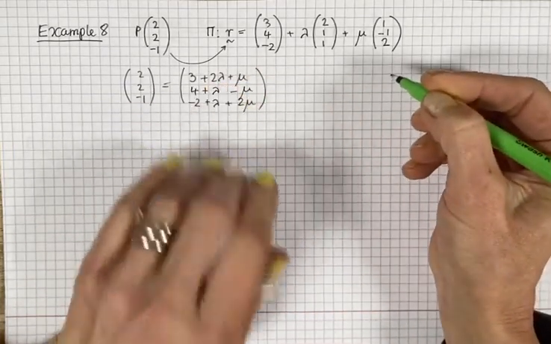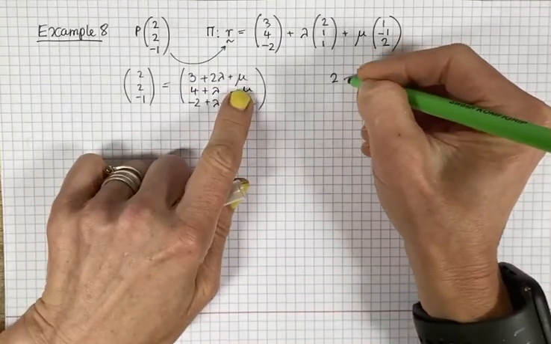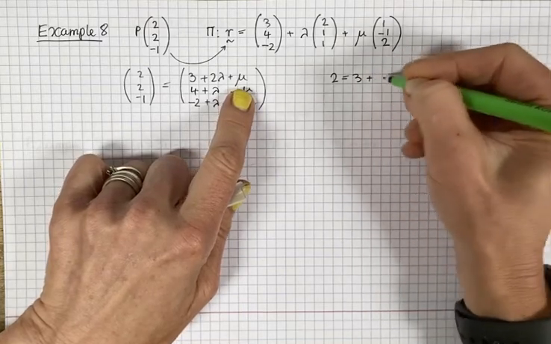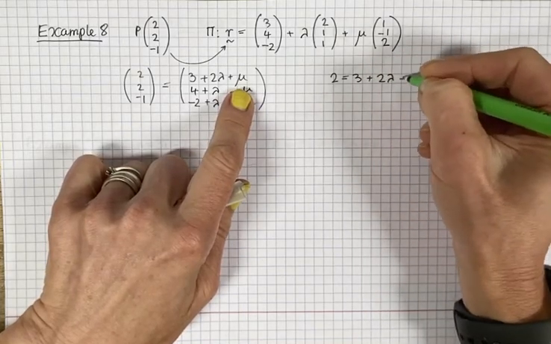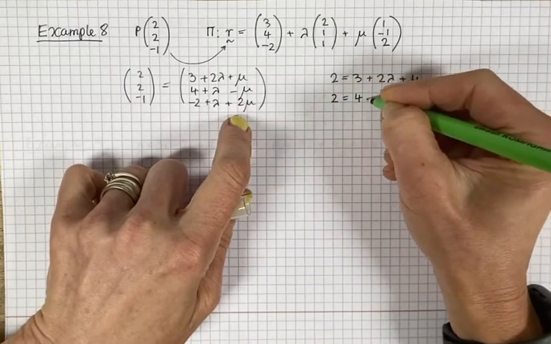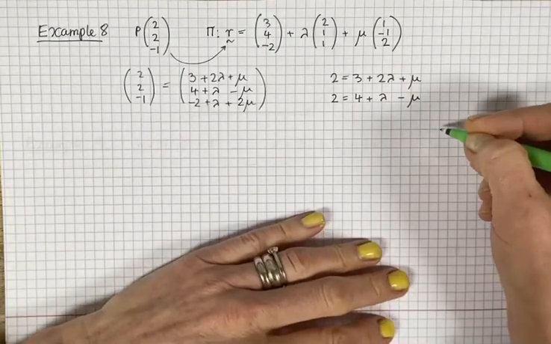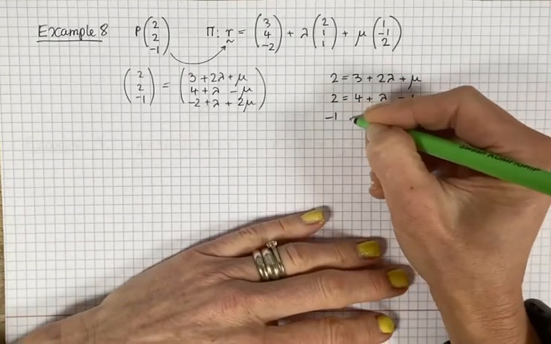You're going to have 3 equations. We're going to pick 2 equations, solve them simultaneously, find lambda and mu, and then substitute those solutions into the third equation to confirm that it will work for that equation.